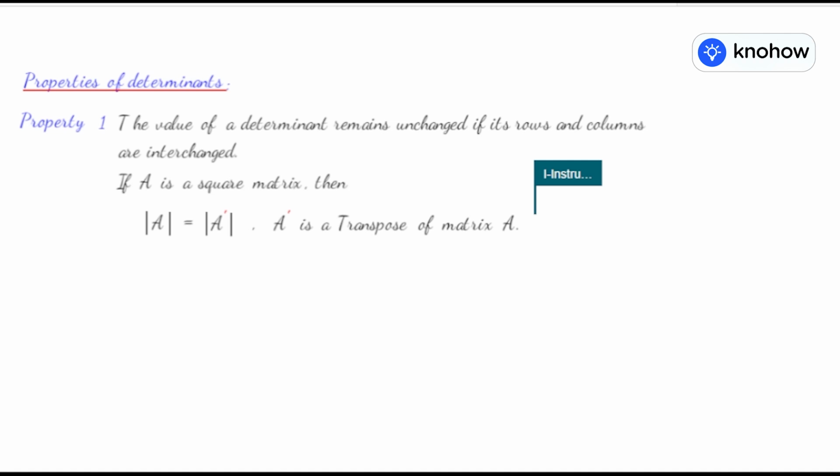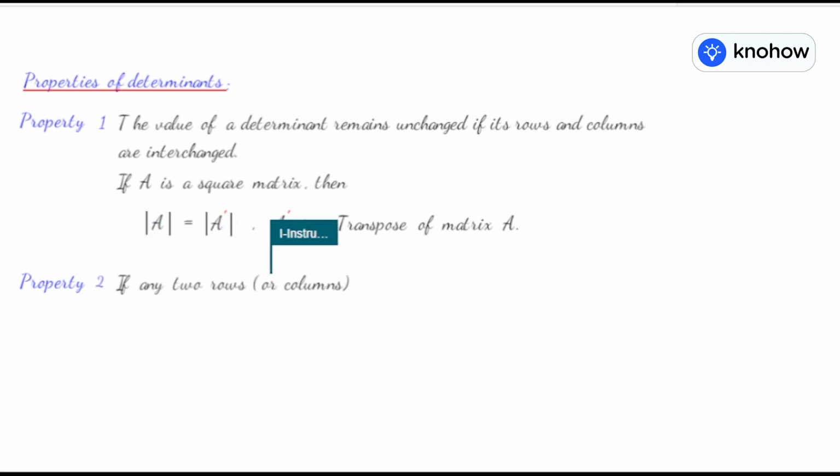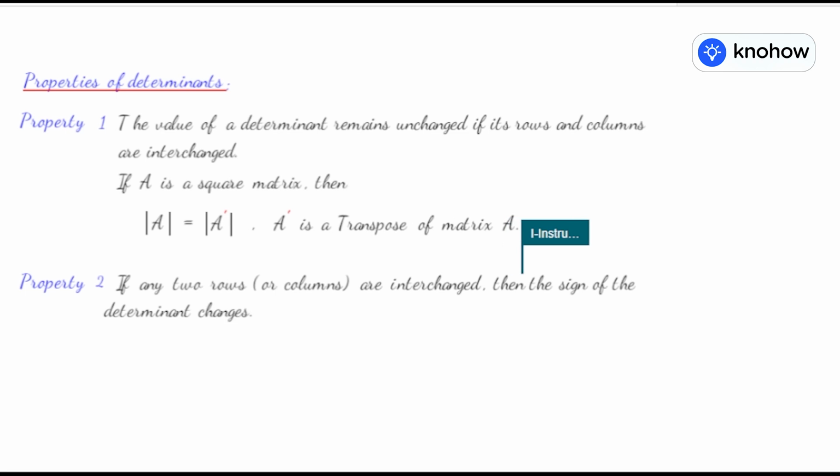Now property 2, please note down: if any two rows or columns of a determinant are interchanged, then the sign of the determinant changes. For example, let delta be a symbol.